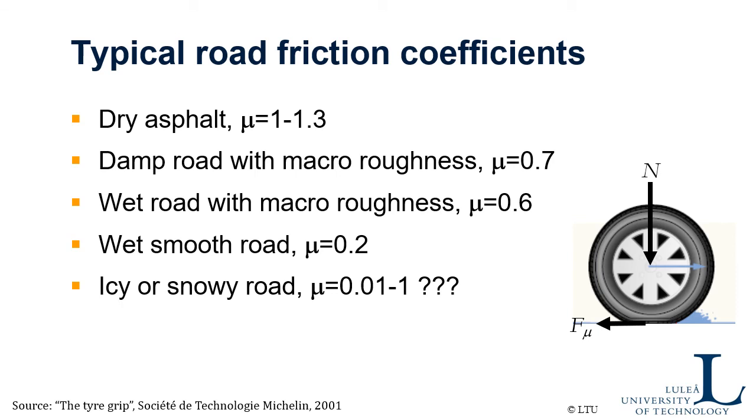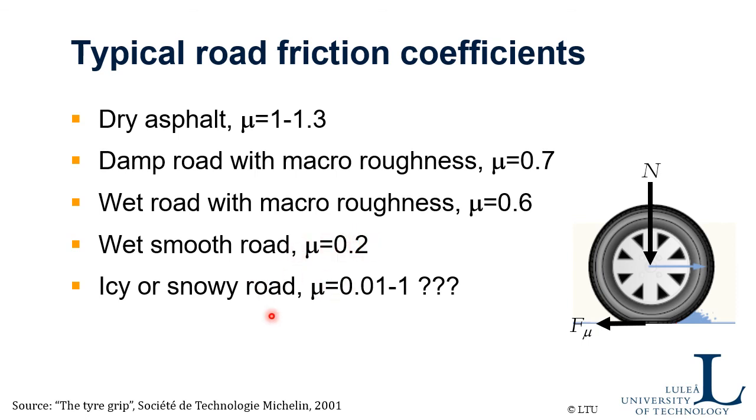And if you also make the road very smooth, like on a worn road, where the road surface has been made very smooth, plus the water effect so that you don't have any adhesion, then you may come down to a friction coefficient of as low as 0.2.